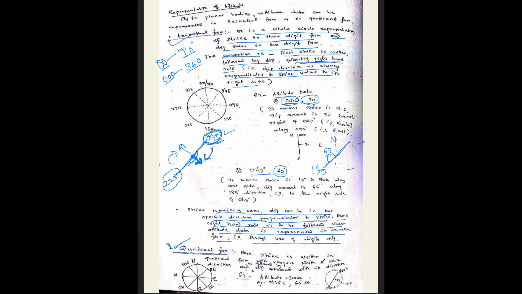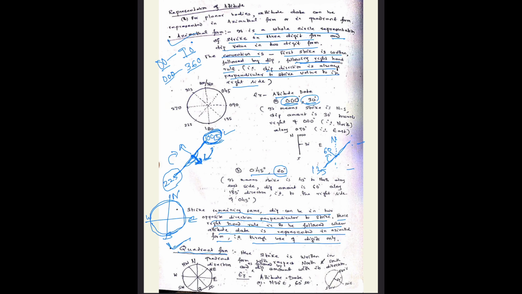How is the attitude data represented in quadrant form? So we have the circle. This is north, this is south, this is east, this is west. So we have the 4 quadrants. So the entire circle will be used to describe the strike in quadrant form.